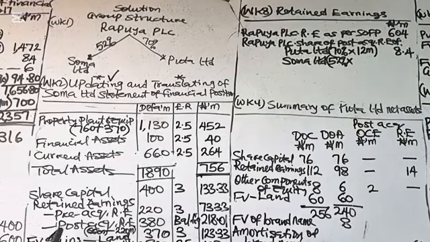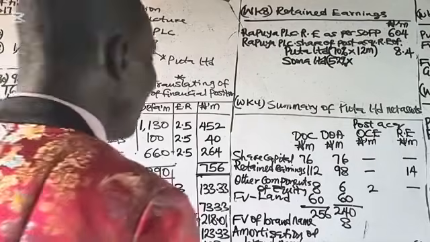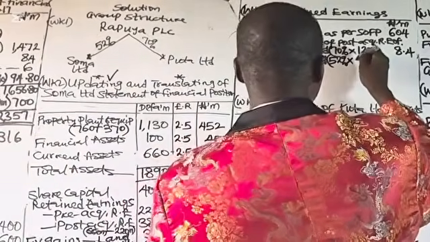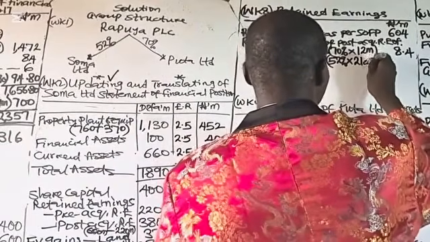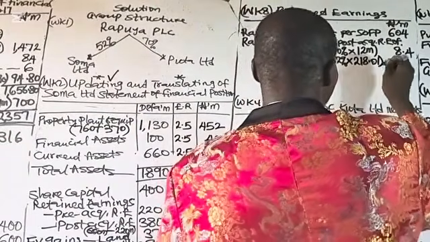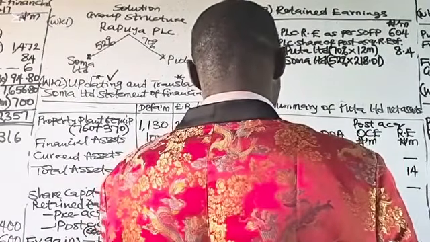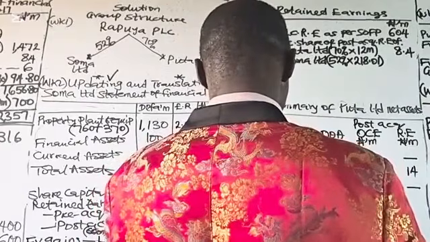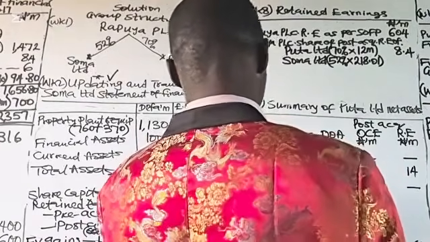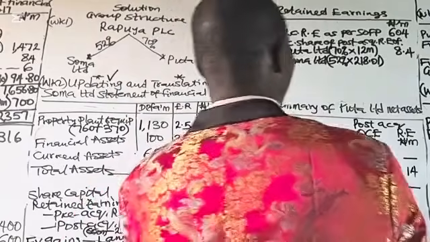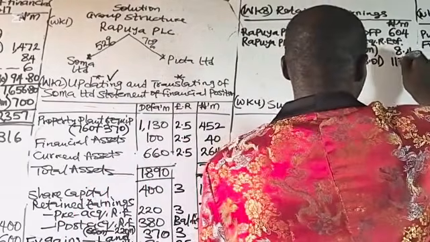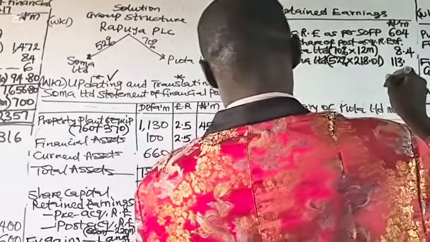That is 218.01. Of this amount, Rapuya will receive 52%. So we have 52% of 218.01. That gives us 113.37.